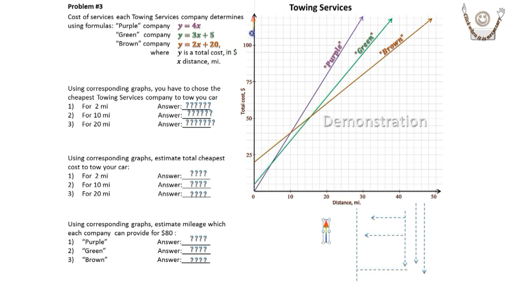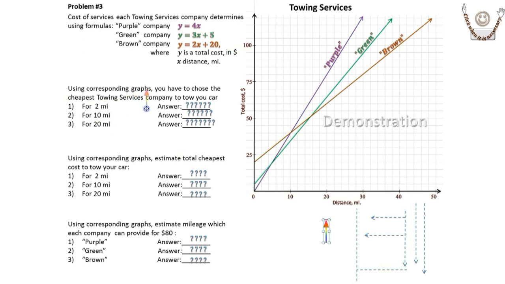On y-axis we have total cost in dollars. And from 0 to 25 we have 1, 2, 3, 4, 5 cells. So each cell is $5. Now let's read the question.